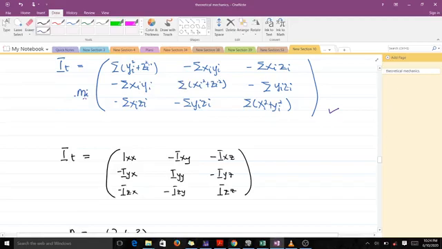So in this case, our Ixx is just giving us whatever we have here times the mass. So m_i, then y_i squared plus z_i squared. And so that's how we can find our Ixx and the rest.